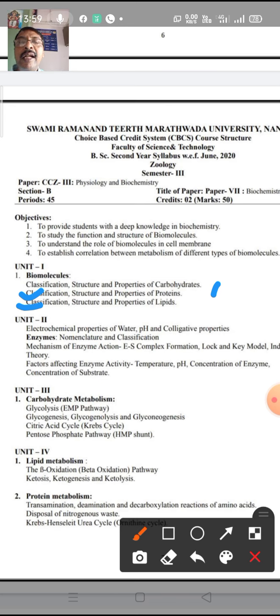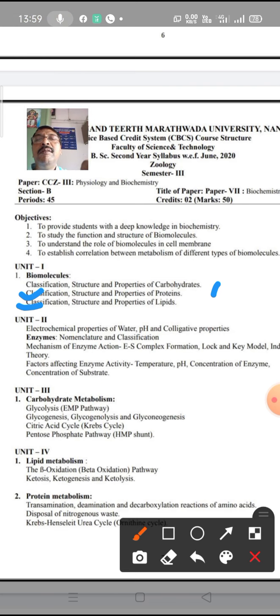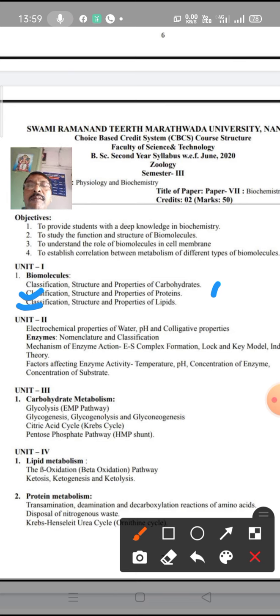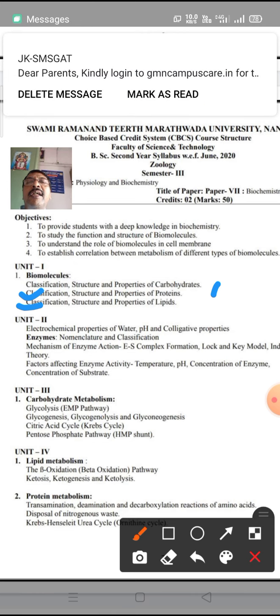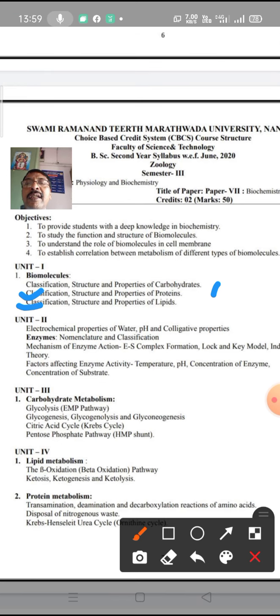And third is classification, structure and properties of lipids. So this first unit covers the 3 important components of life, that is carbohydrate, protein and lipids, and in the first unit you have to study the classification, structure and properties of the carbohydrates, proteins and lipids.